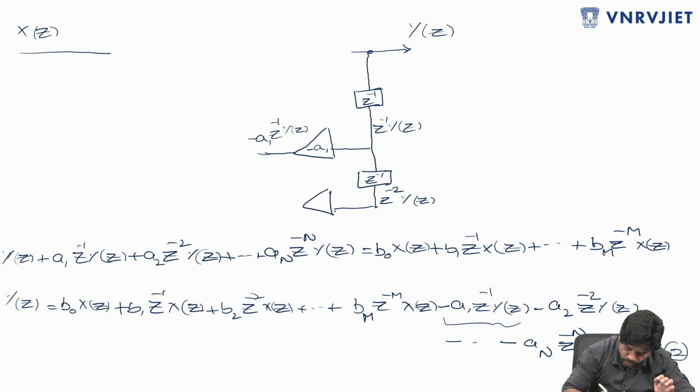So mention that minus a2, and you know the output will be minus a2 z power minus 2 y of z, and so on.